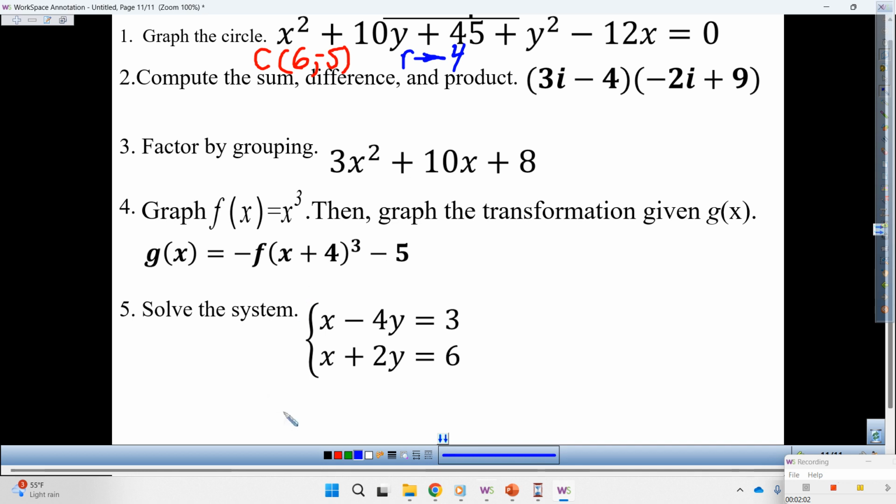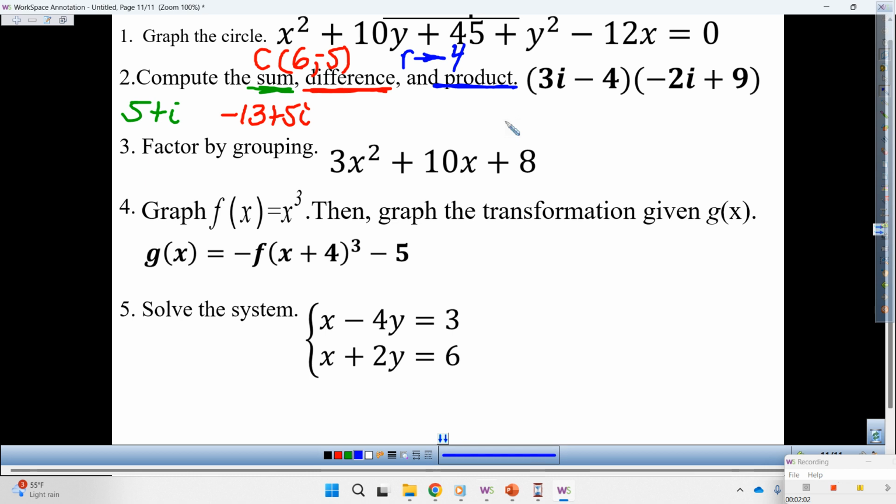So with that said, I need a sum. Abby, what'd you get for the sum? 5 plus i. That is correct. Let's go to the difference. Joseph, difference. -13 plus 5i. Looks about right. Double check your work. Now we need the product.